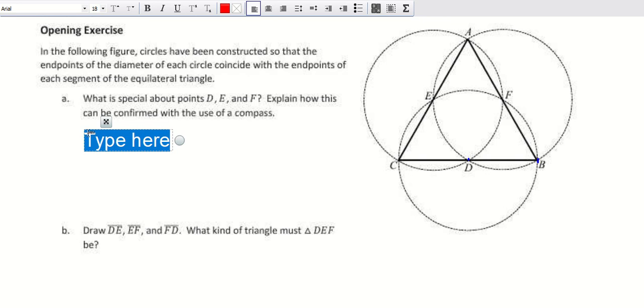Remember the vocab word that talked about these points, D, E, and F, in terms of the segment? Where are they on the segment, and what's the vocab word that we could use to define them? How would you describe the location of point E in terms of this segment AC here? So what's the vocab word that means the middle point?